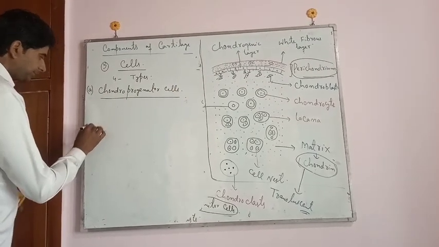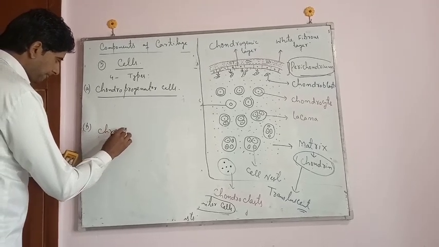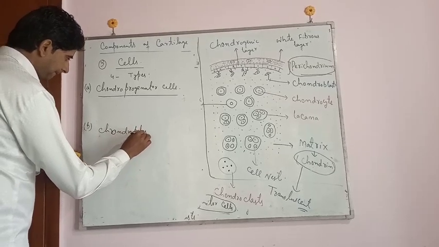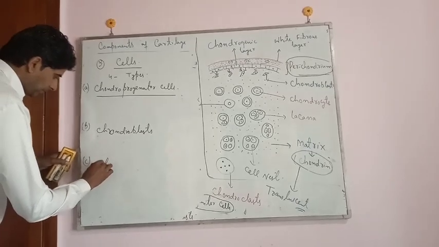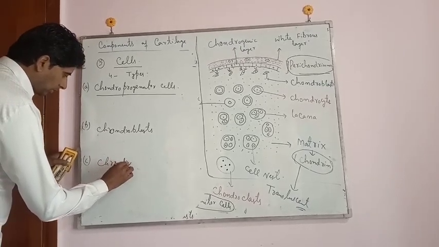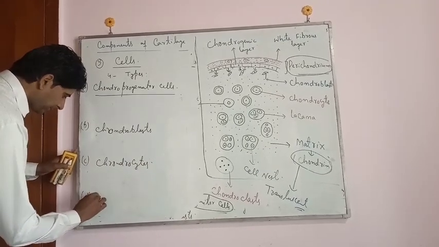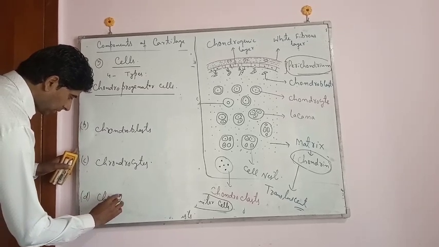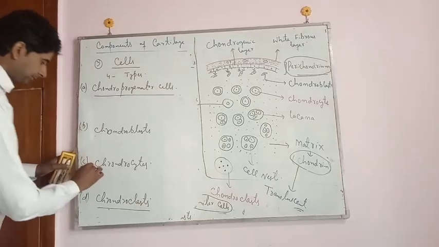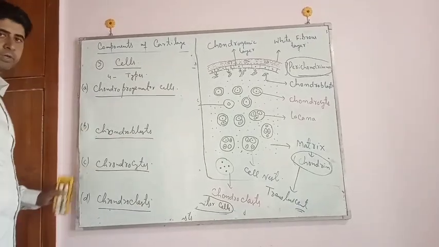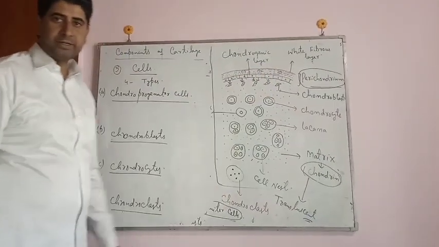Number next is chondroblasts. Number third one is chondrocytes, and number fourth one is chondroclasts. So these are the four types of cells that's present within the cartilage.